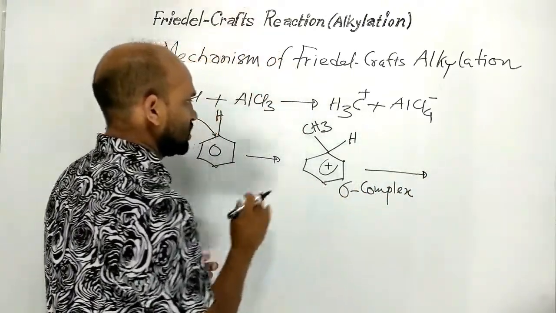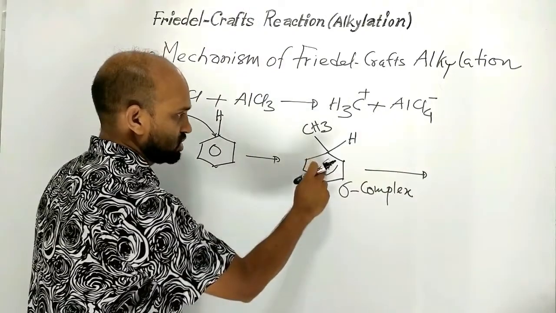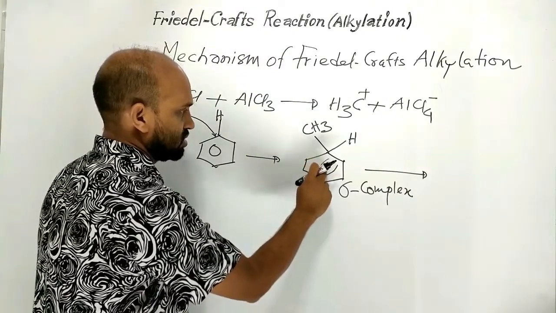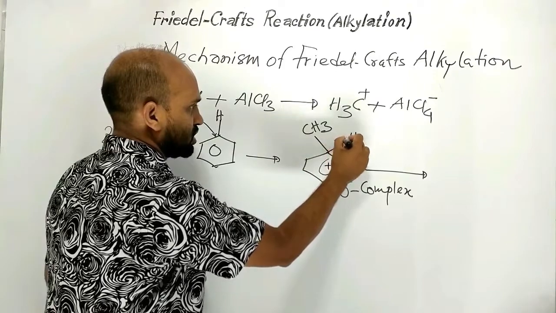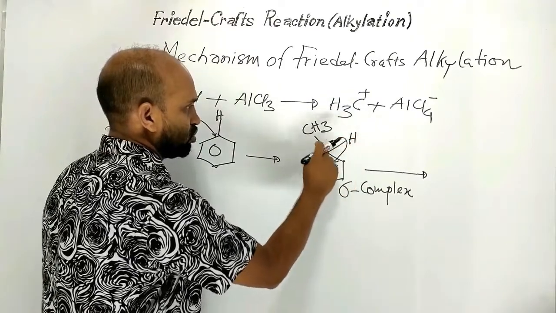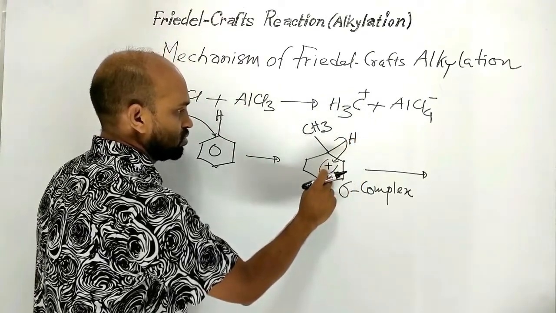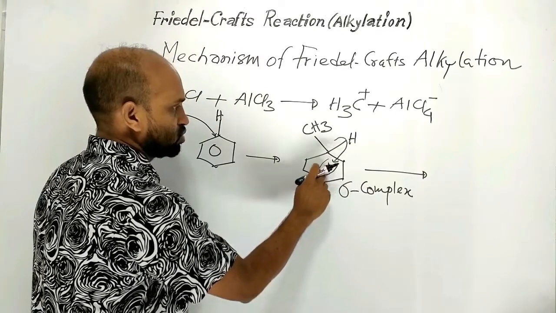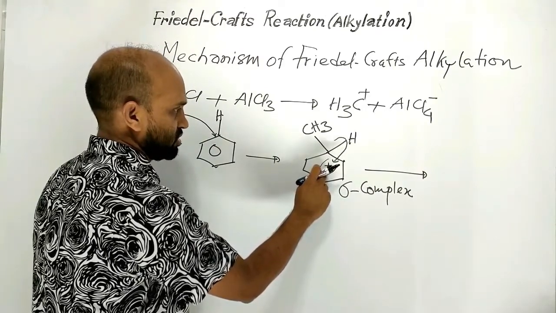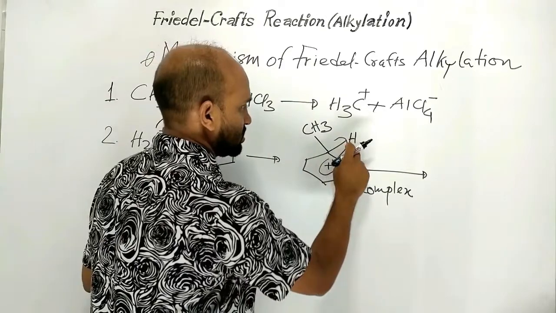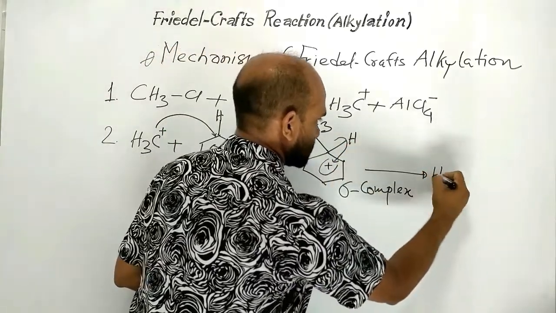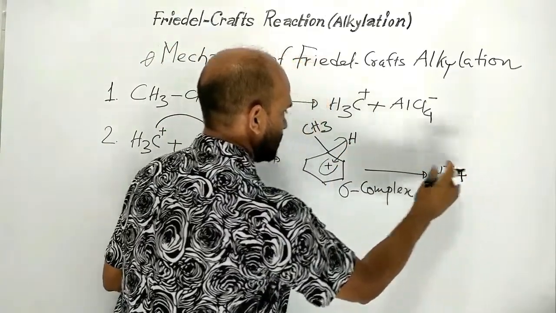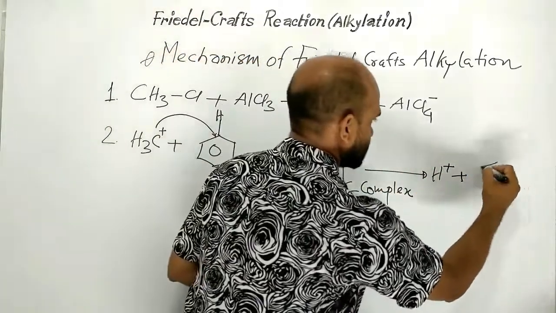In the sigma complex, to diminish this positive charge, covalently bonded electrons of carbon and hydrogen move towards benzene ring, and as a result this hydrogen is freed as electrophile and toluene is formed.